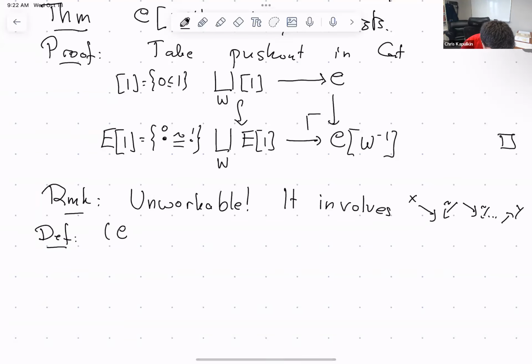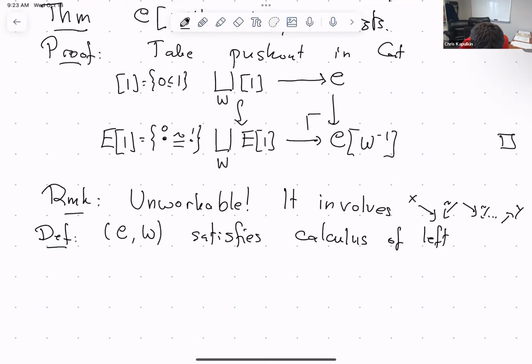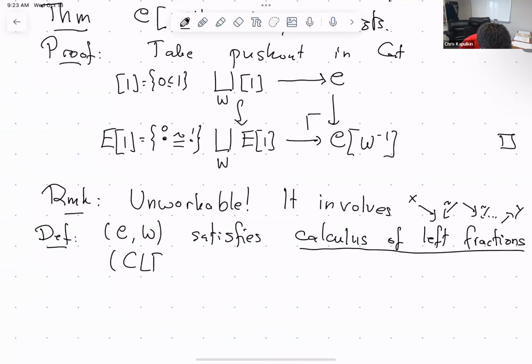So they say the following. They say that CW satisfies calculus of left fractions, which I think I misspelled in the title. So it's going to be denoted CLF for reasons that are probably clear, if the following three conditions are satisfied.